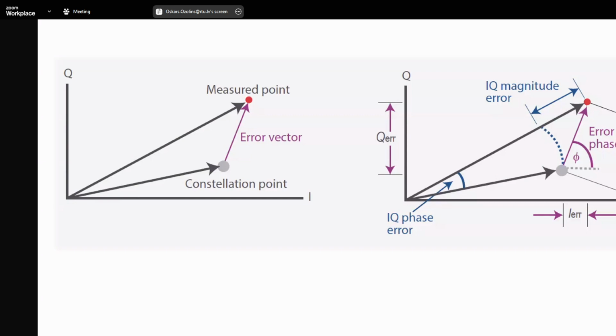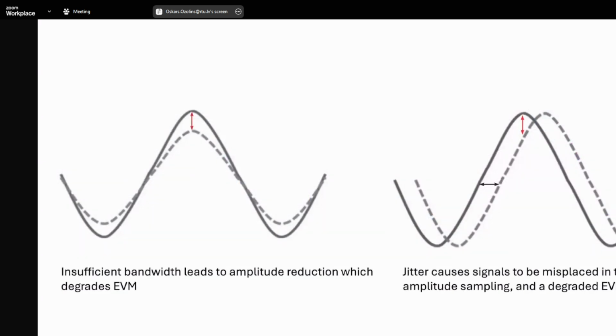Then we're gonna talk about different things that cause degradation of this error vector magnitude. So these are signals plotted in the time domain. So this is amplitude, and this is time.